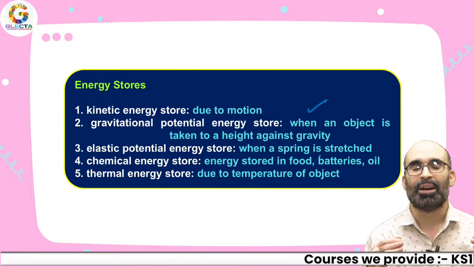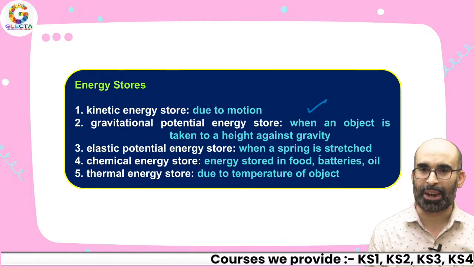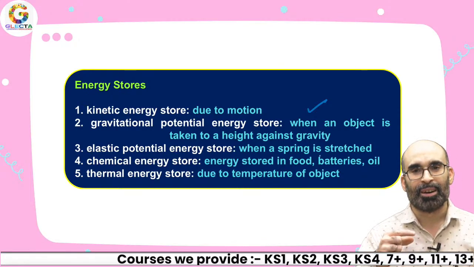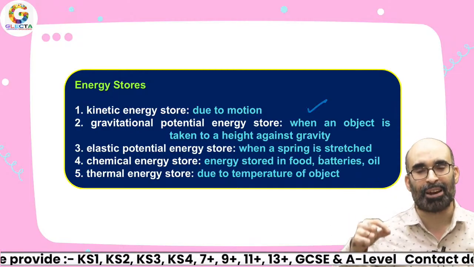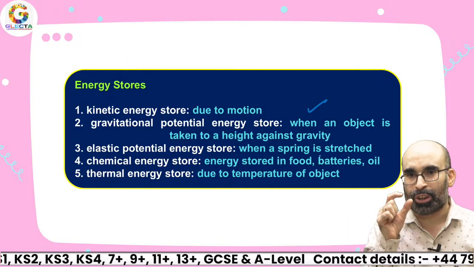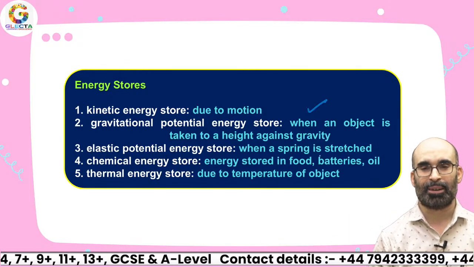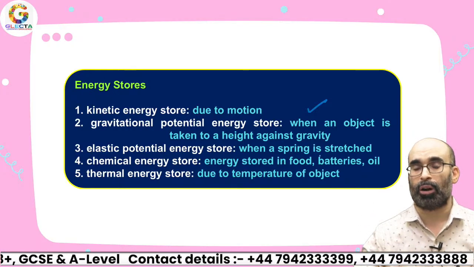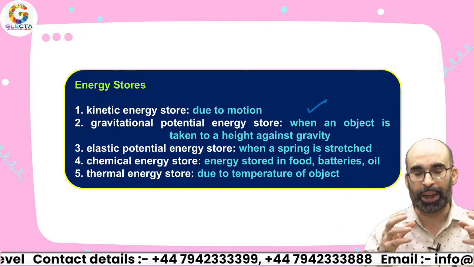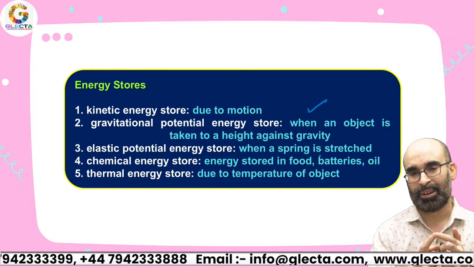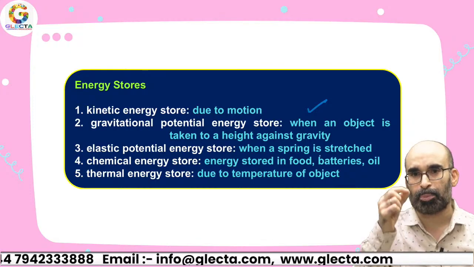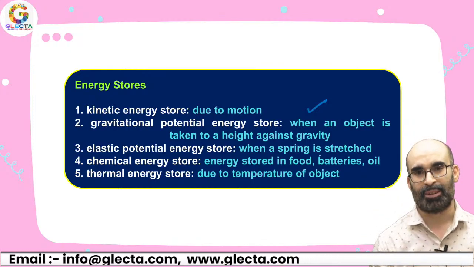That is when gravitational potential energy store is increased when you change the position against gravity. When you change the shape of an object like spring or rubber band or any such kind of springy object against elastic force, the elastic potential energy is increased.